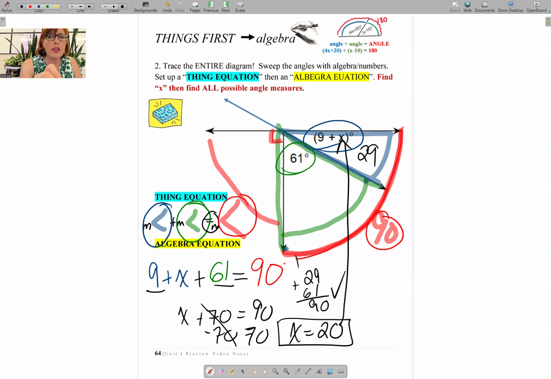Okay, see that sponge? That means squeeze out every piece of information that you can. Guess what? You're not done. What else could you find? Let's see, what else could you find?